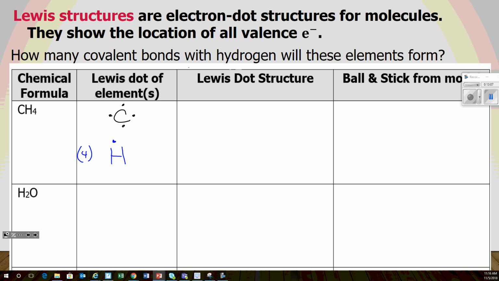As I go to put it into a Lewis structure, I put carbon in the center because it's the least electronegative, and I'll put hydrogen on each side. So this is the Lewis dot structure. I can change that up and show it like this.